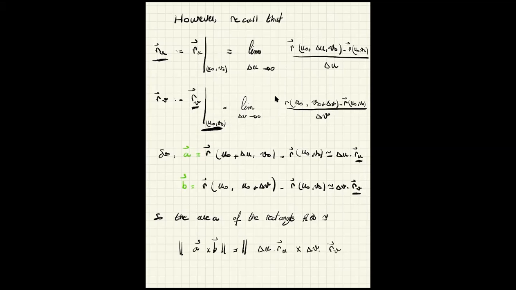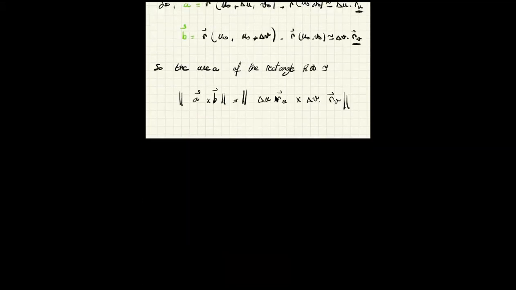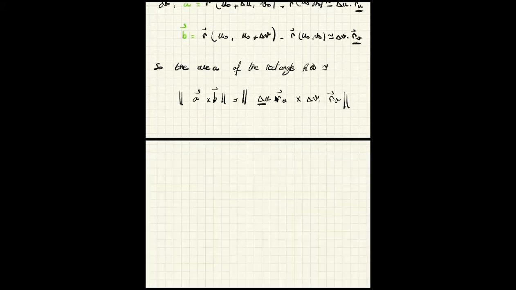But again, this is all evaluated at the point U0, V0. Now, this is a number. It's a scalar number, and this is a number.